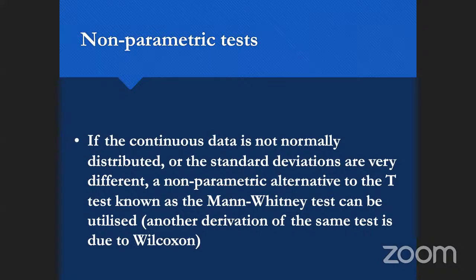In the case of non-parametric data, if the continuous data is not normally distributed or the standard deviations are very different, then a non-parametric alternative to the t-test known as the Mann-Whitney test can be utilized. This is another derivation of the same test that is due to Wilcoxon.